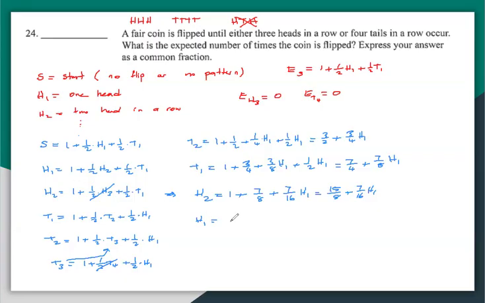So let's write that: the 1 plus the 1/2 H2. H2 was this. If I take the 1/2 of this, you got 15/16 plus 1/2 of this, which will be 7/32 H1. So we got the 1/2 H2, but we need 1/2 T1 as well. So we need to take the 1/2 of this and add it.